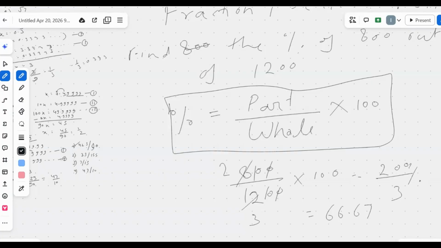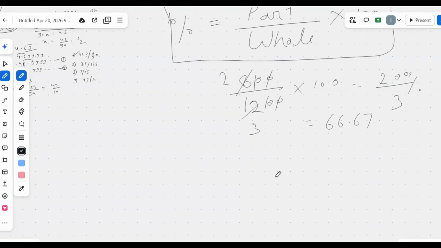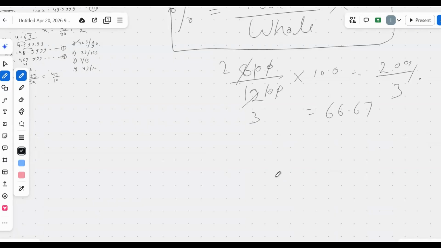Got it? Now, for the same question, they can give you a fraction to decimal or decimal to fraction conversion. If I give you 4 over 6, convert it into a percentage.